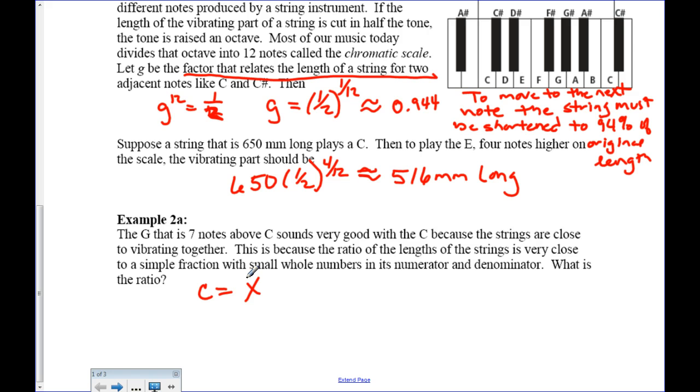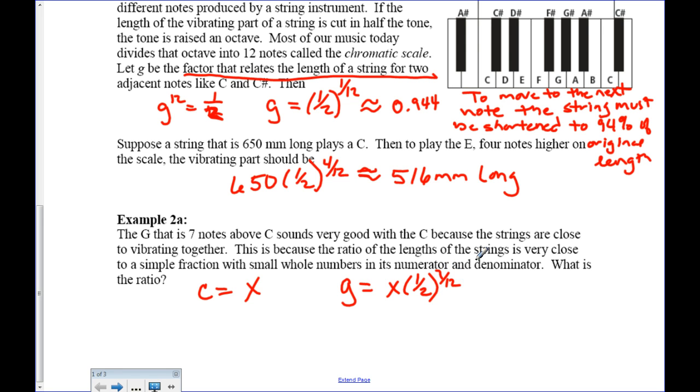And then the length at G is going to be X times 1/2 to the what power? 7/12. Very good.